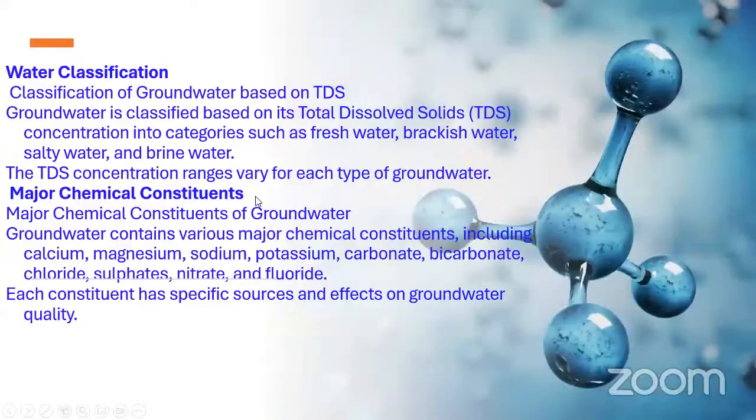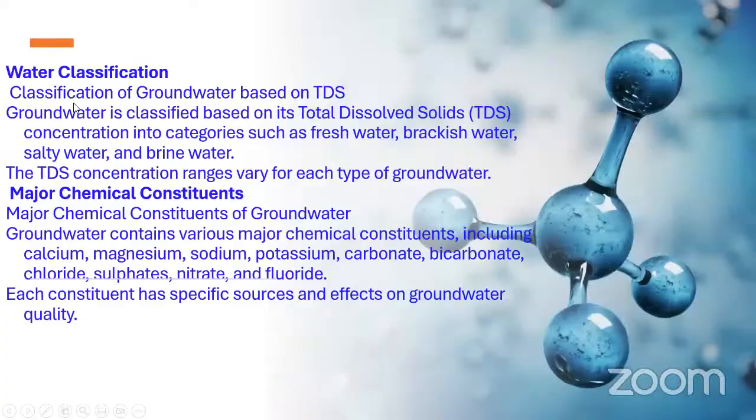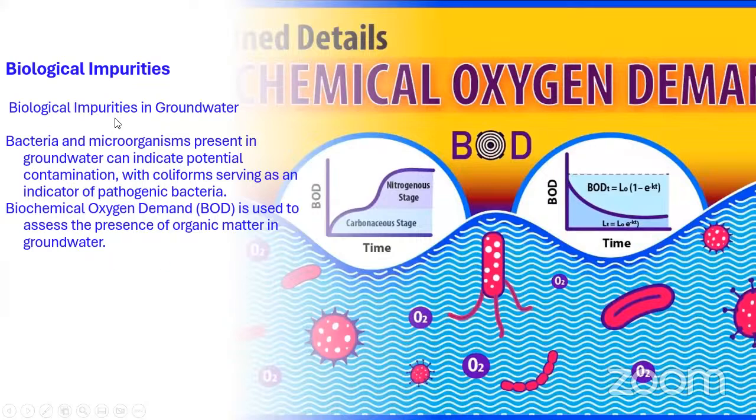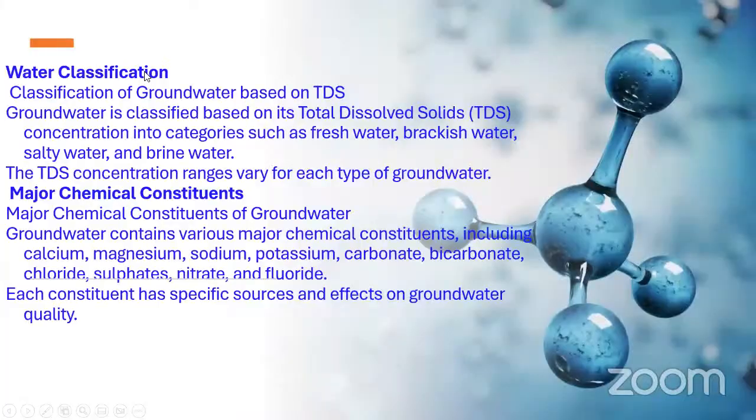So we have covered physical parameters, chemical parameters, classification, major constituents, and biological impurities. You have to recollect all those things.